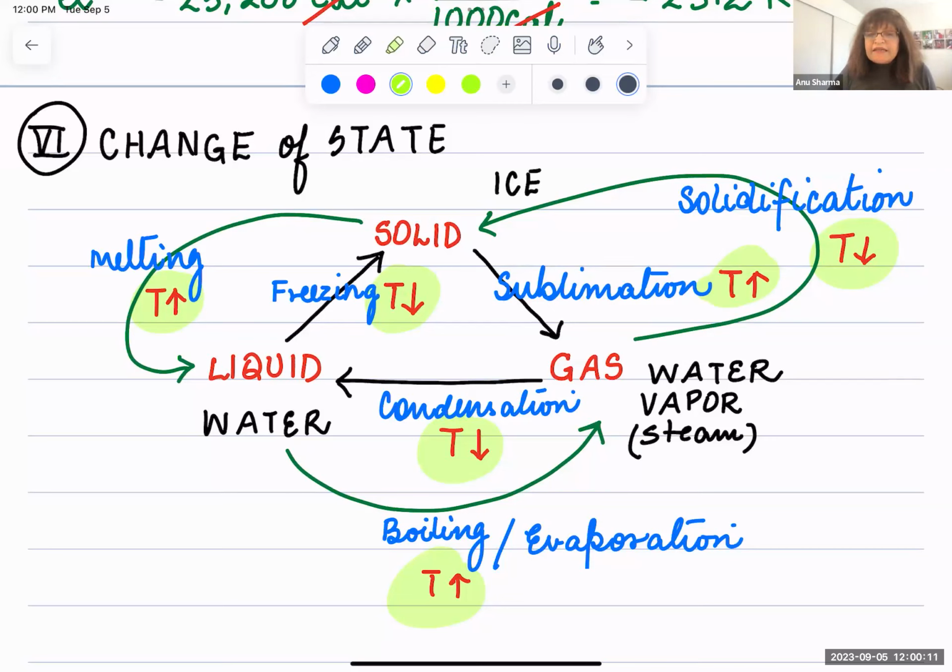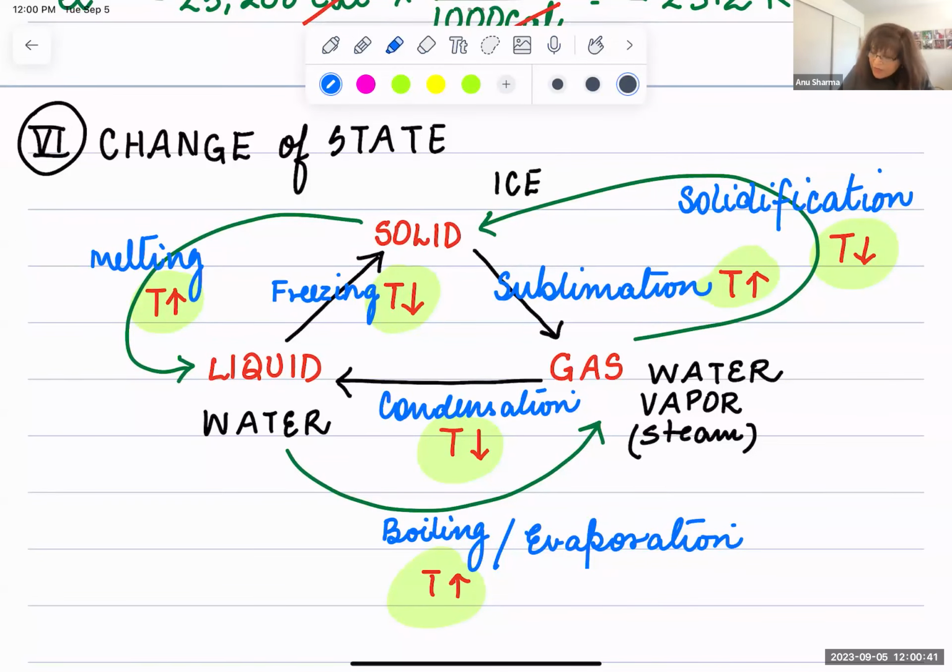At a lower temperature, the freezing will occur. But at a higher temperature, the melting will. But the amount of heat that is exchanged is the same.